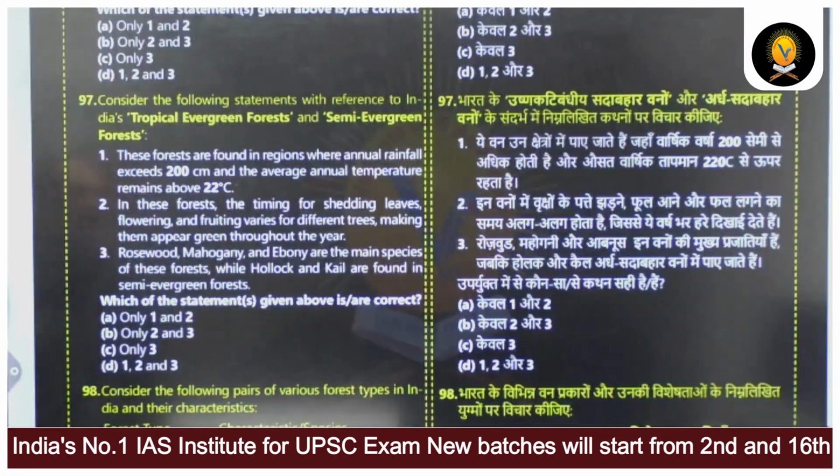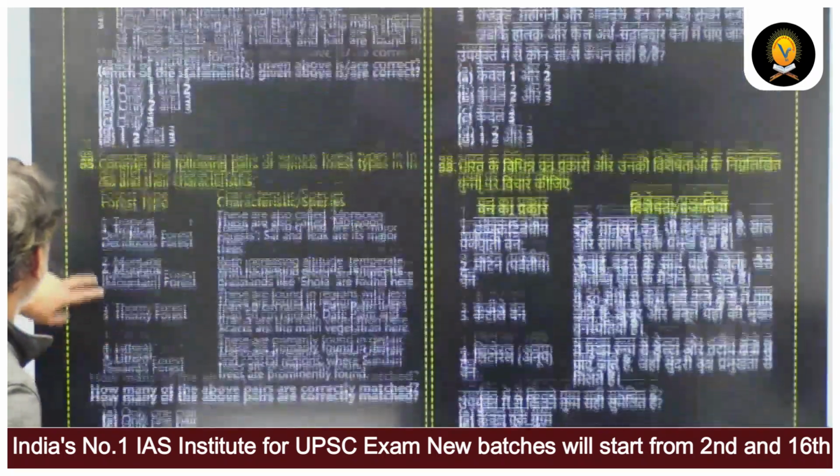Consider the following statement with reference to the tropical evergreen and semi-evergreen forests. These forests are found in regions where annual rainfall exceeds 200 centimeters. Yes. In these forests, the timing of shedding of leaves, flowering and fruiting varies among different trees, making them appear green throughout. Yes. Rosewood, mahogany, all correct.